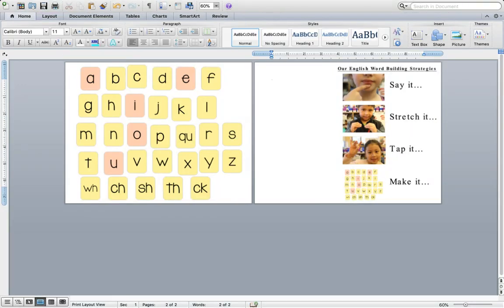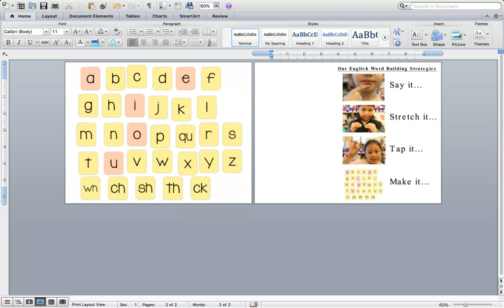Okay. The next word also has a digraph. The word is chub. Let's say it. Chub. Let's stretch it. Chub. Let's stretch it for the vowel. Up, up. Let's tap it out. Ch, b.